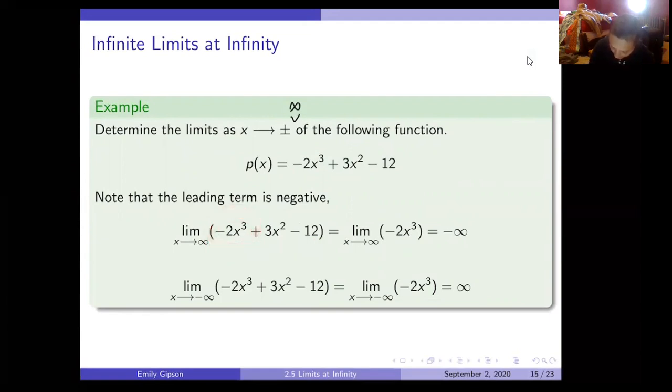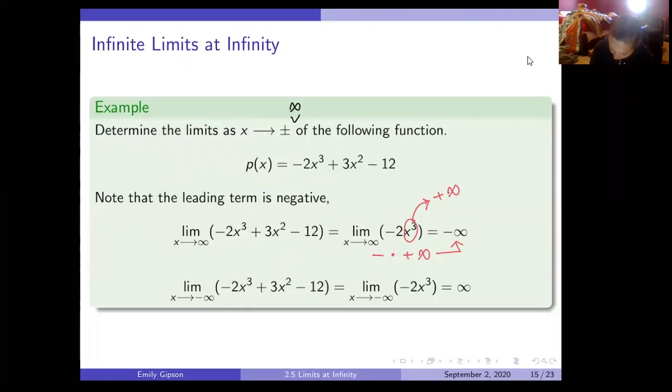And so we've got a negative out in front, but we know that x cubed by itself in a limit goes to positive infinity. Well, a positive number times a negative number, so we have negative times positive infinity, that's where we get that negative infinity from.